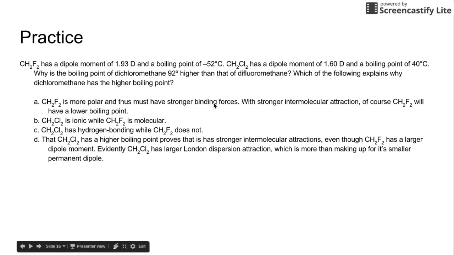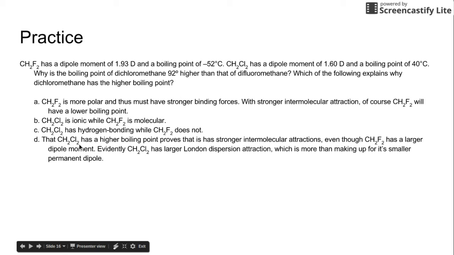And if they have stronger intermolecular forces, they are going to have a higher boiling point. So this last part didn't match up with the answer. This is not ionic, so that eliminates B. They're both molecules. C does not have hydrogen bonding. Hydrogen is not directly bonded to F, O, or N, so it cannot be C.